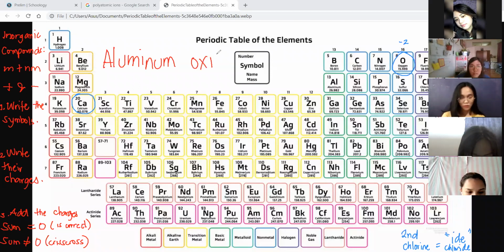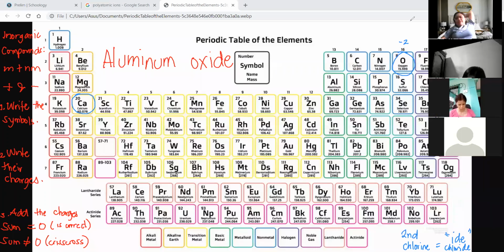So we have now aluminum oxide. Again, aluminum oxide. You try first making the formula and then let's check later.